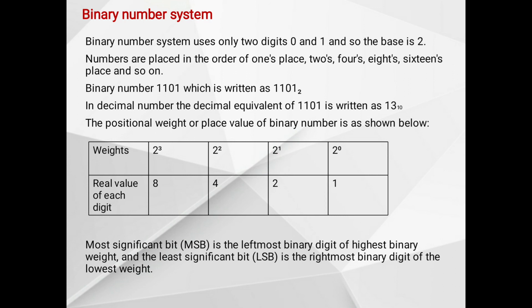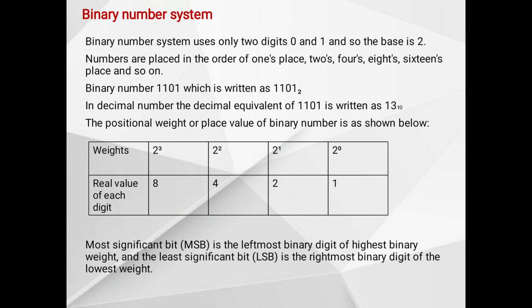Now the positional weight or place value of the binary number is shown below. In the weight section, starting from the rightmost, it is 2 to the power 0. In place of 10, which is used for decimal because you have 10 digits, in binary you have only 2 digits, that's why we use the number 2.